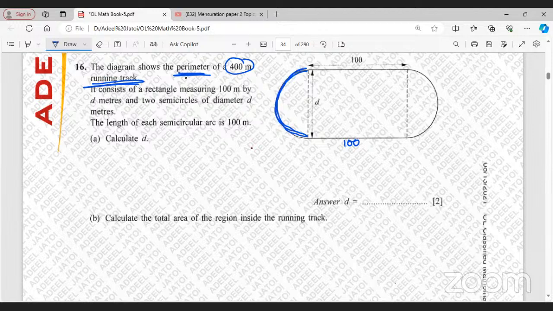So considering this as 100, we have half, that is 100. And 2 pi r is for the entire circle divided by 2. The 2 is cancelled. So 100 is equal to pi r. If we take the entire d, 100 is equal to 1 upon 2 pi d.